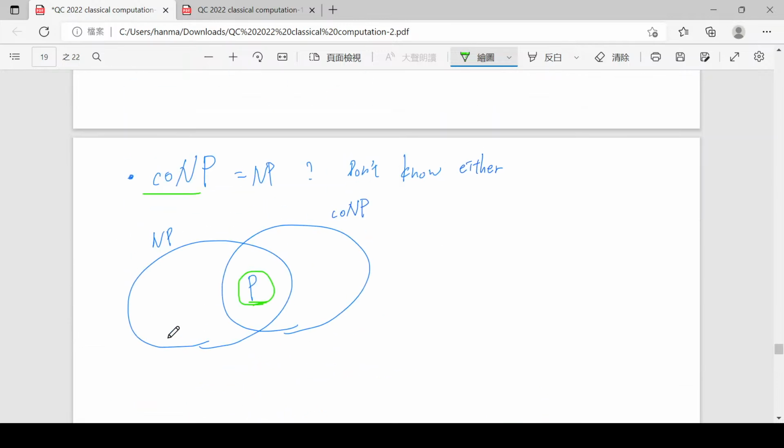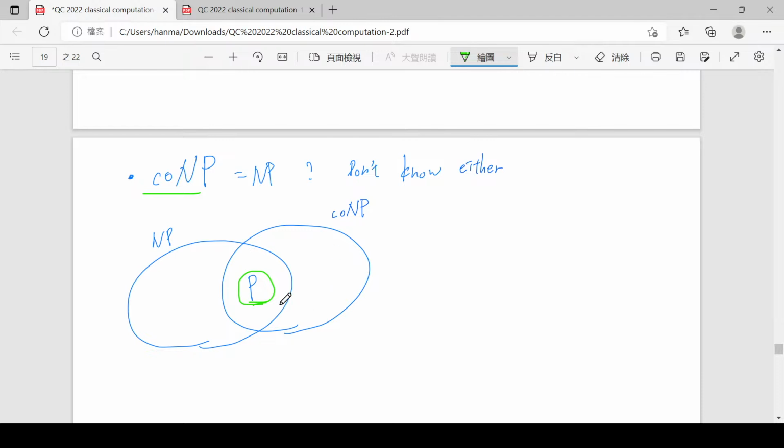But any question about this complexity class picture? Yeah. Well, as we know more classes, we'll have a more complicated mental picture about the inclusion, these Venn diagrams between different complexity classes.